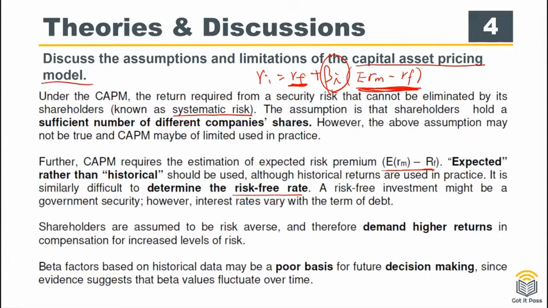And beta factors based on historical data may be a poor basis, because it is only based on historical data to get the beta in the formula. So it can be a poor basis for future decision making, since the evidence suggests that the beta values fluctuate over time.